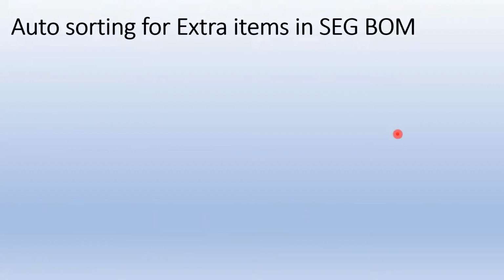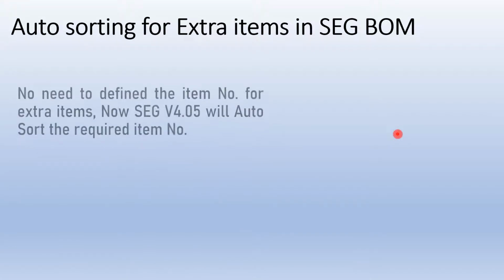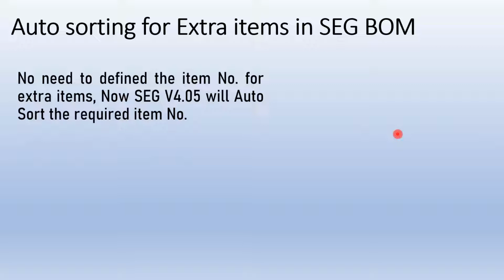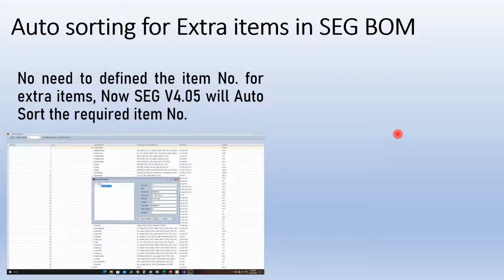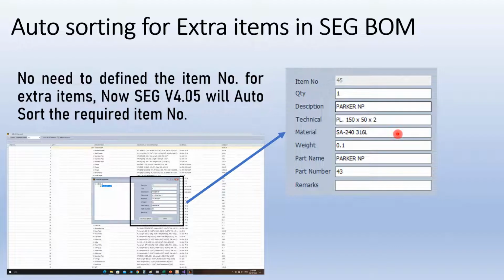Another feature available in SEG version 4.05 is auto sorting for extra items in the SEG bill of material. In version 4.04, you would need to fill the item number value for each item you import as an external element, not included in the SEG bill of material.